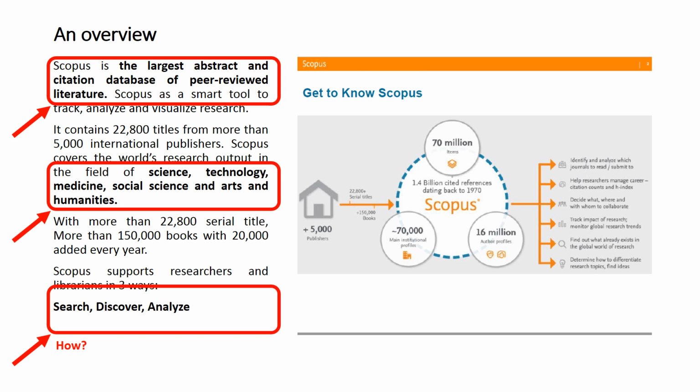Scopus is a smart tool to track, analyze, and visualize research. It covers the world's research output in the fields of science, technology, medicine, social science, and arts and humanities. And Scopus supports you in three ways: search, discover, and analyze.